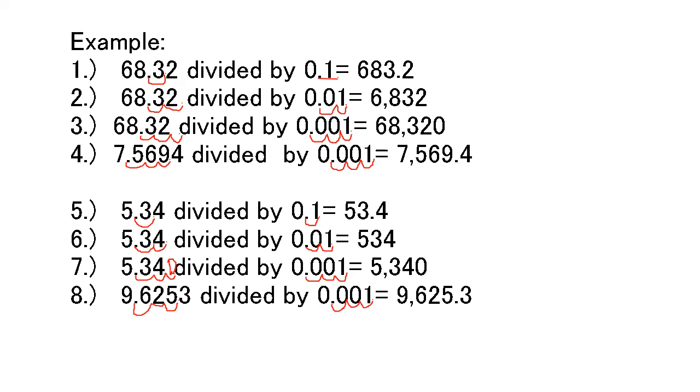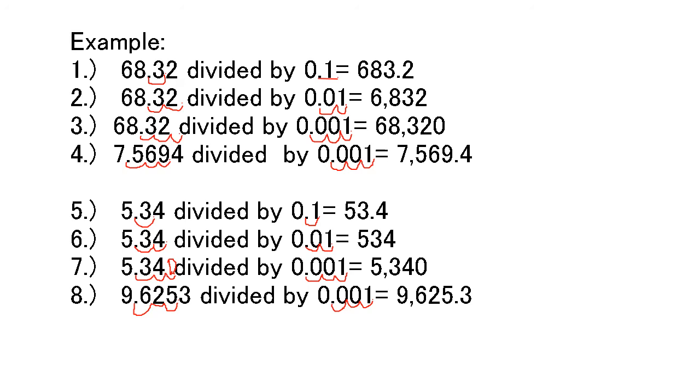Alright, next, proceed to number 8. 9 and 6,253 ten thousandths divided by 1,000 is equal to 9,625.3 or 9,625 and 3/10. Now, let's move the decimal point 1, 2, 3.